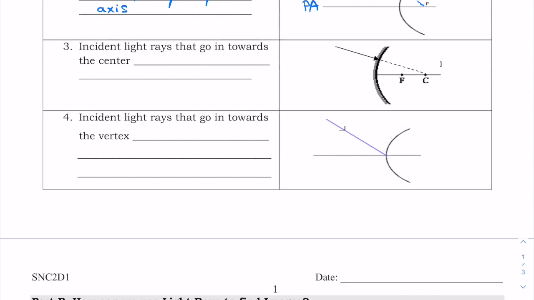Rule number 3 tells us that an incident ray of light that goes in towards the center, that's the point labeled C, will reflect back towards where it came from.